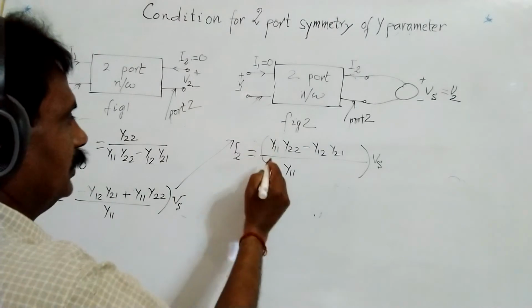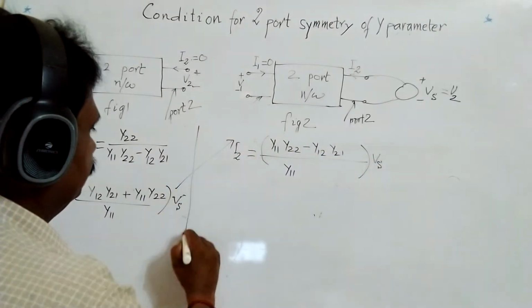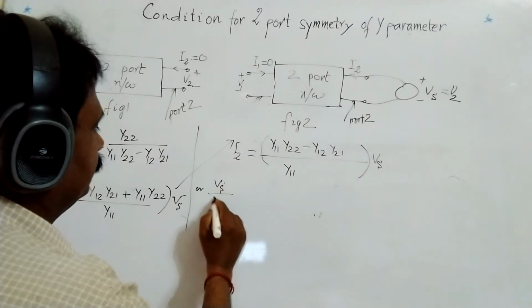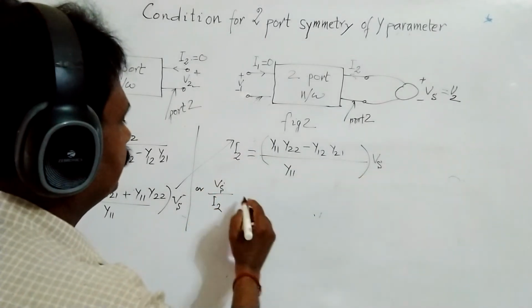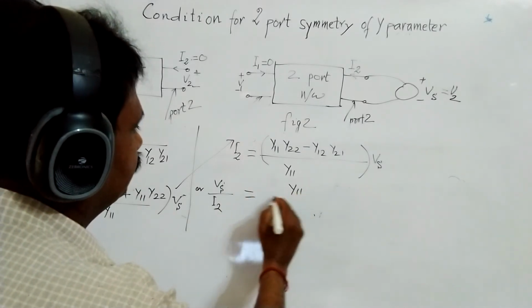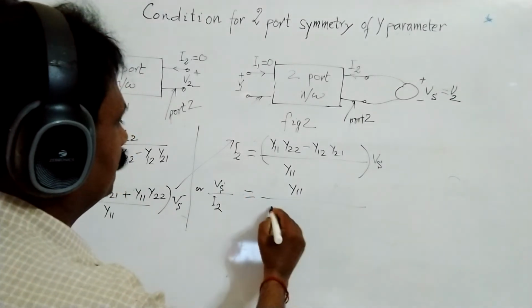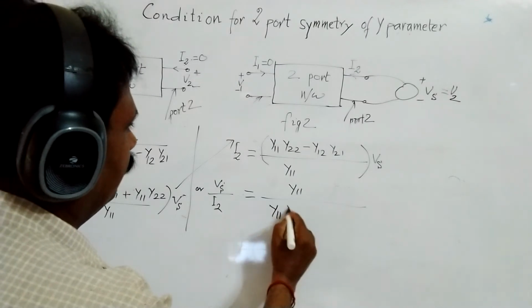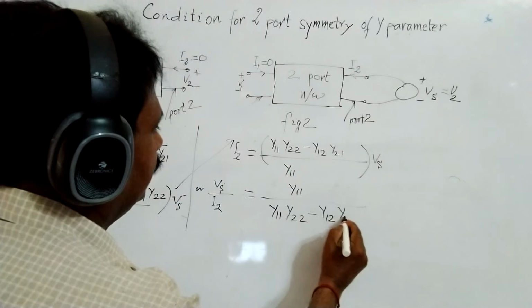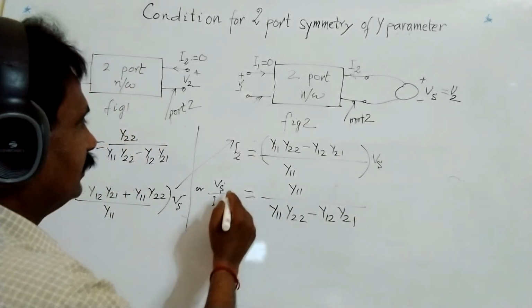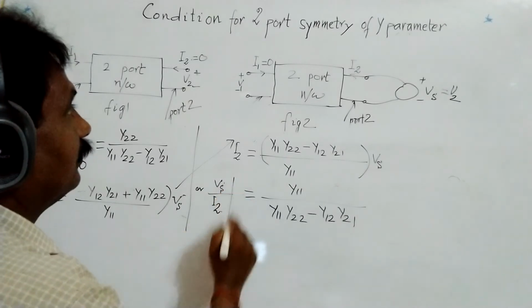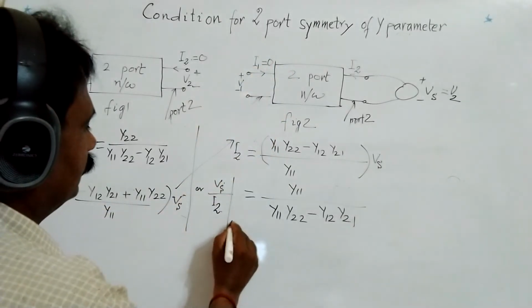Now take the ratio Vs by I2, dividing this, then this becomes y11 by y11 y22 minus y12 y21. Okay, and this holds good when I1 equal to 0.